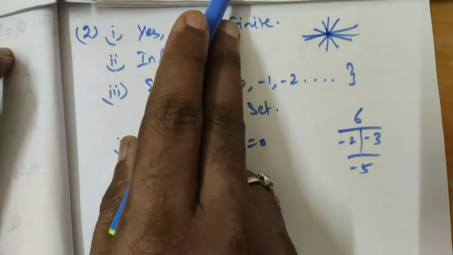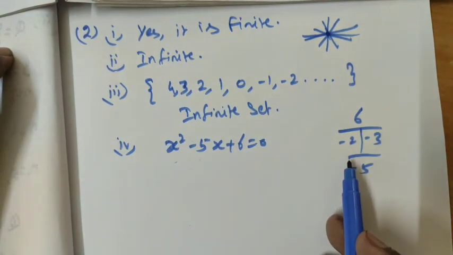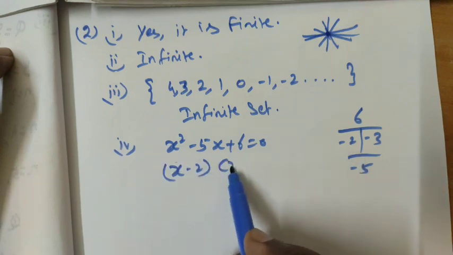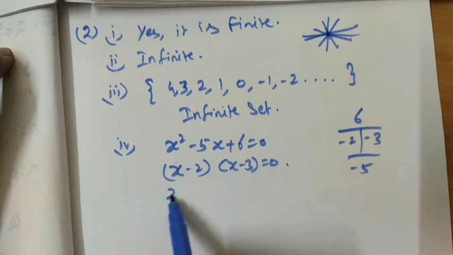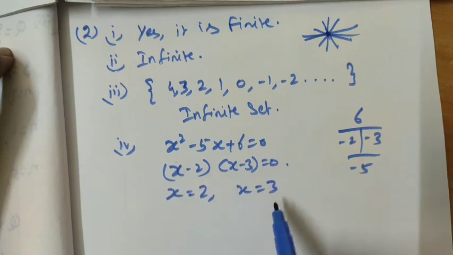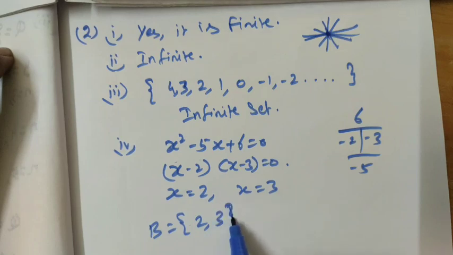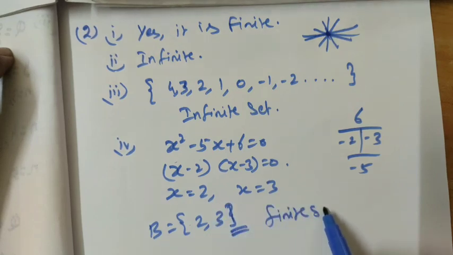Here x is a natural number. We get (x minus 2)(x minus 3) equal to 0. Then x is equal to 2, x is equal to 3. Then the set B is equal to {2, 3}. So it is countable. So it is a finite set.